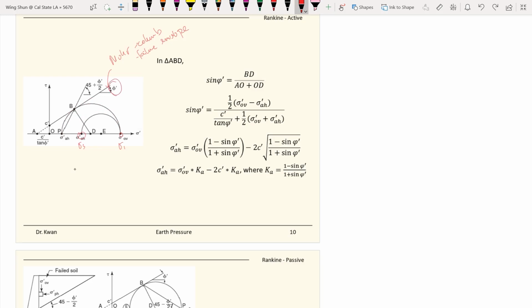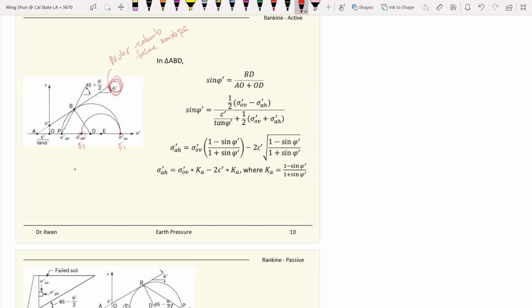And this is our soil properties. So the size of your active failure Mohr circle will depend on the friction angle, which is how strong your soil, your sand, is, until you're hitting that. So if we look at this established Mohr circle, we look at the triangle ABD right there, and the angles that play with it.